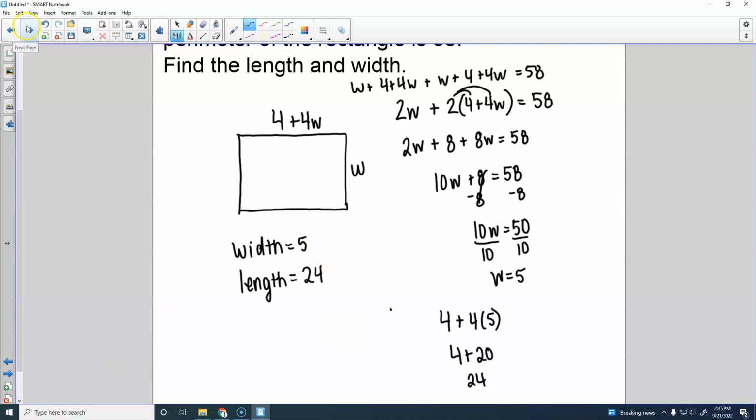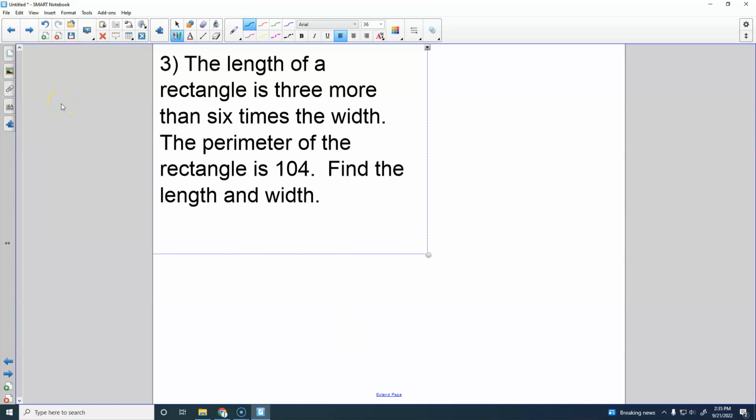Okay. Let's do one more. Alright, this one says the length of a rectangle is 3 more than 6 times the width. The perimeter is 104. Find the length and width.